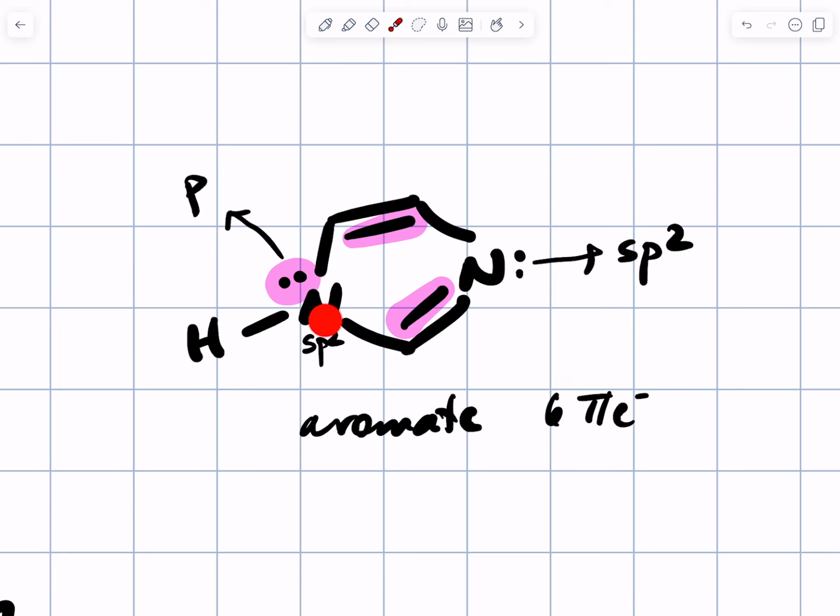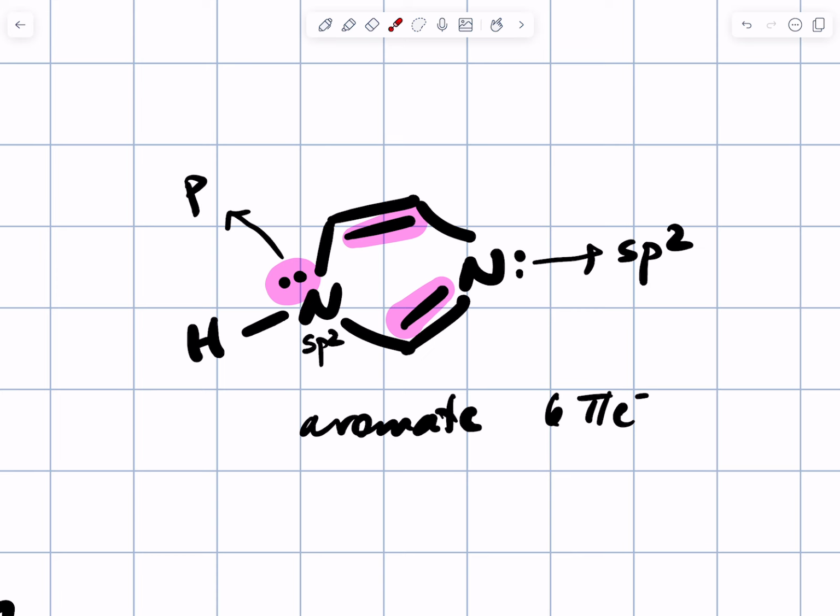This lone pair, some of you looked at that nitrogen and you thought that thing is sp3 hybridized. That's a sensible conclusion, but it's wrong. The reason it made sense to you is because you've gotten used to looking at atoms and saying, okay, how many groups are they surrounded by? If it's 4, it has to be sp3 hybridized. That's usually true except for when a lone pair is adjacent to a pi bond.